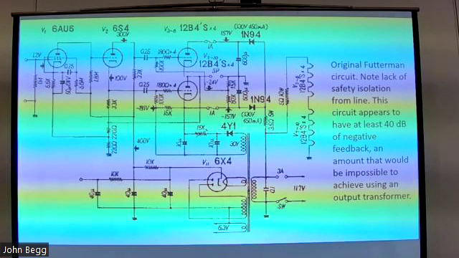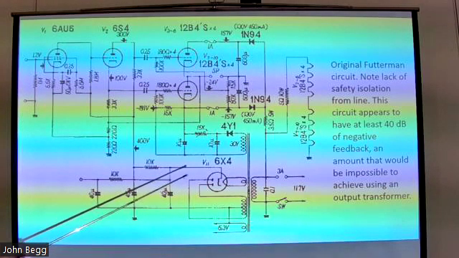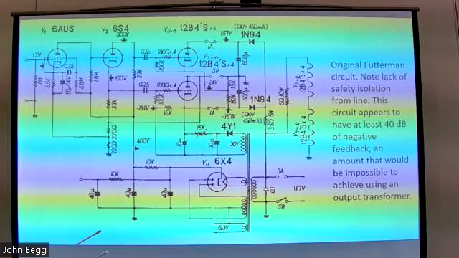And then you really want to have minimal phase shift and roll off in other parts of the circuit. So this circuit, I just sort of analyzed it, and it appears to have at least 40 dB of negative feedback. I mean, that's very, very high for an audio power amp, and you never get there with a transformer.